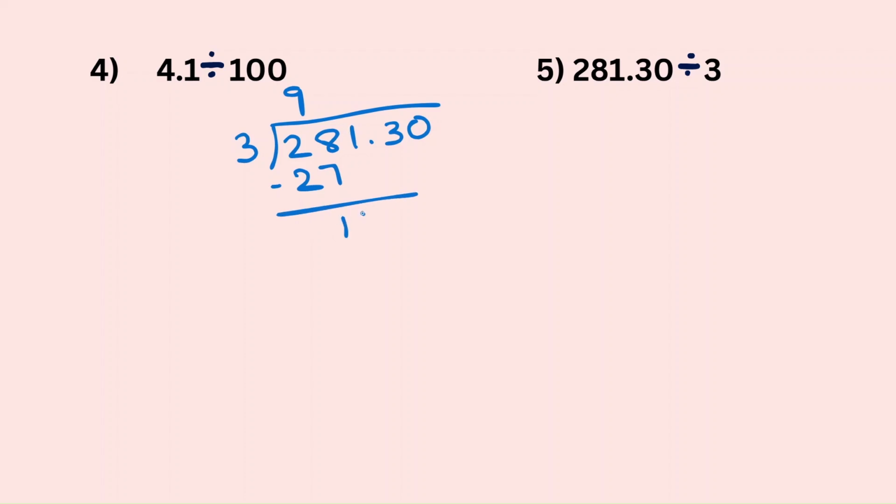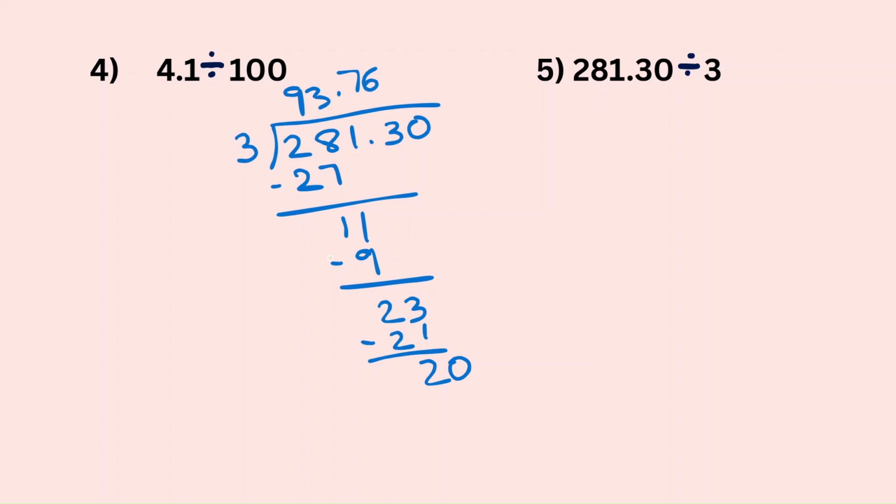And this 1 we will get it down. And 3 3s are 9. And remainder 2. And the point will go up. And we will take this 3 down. And this will be 7 3s are 21. And if we minus, 2 and the 0 we will bring it down.